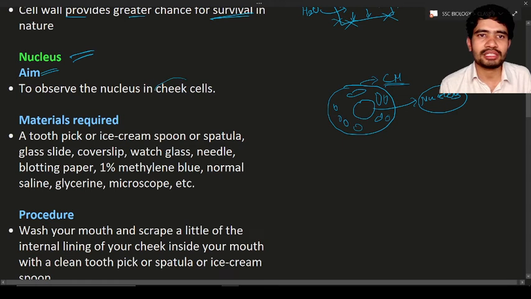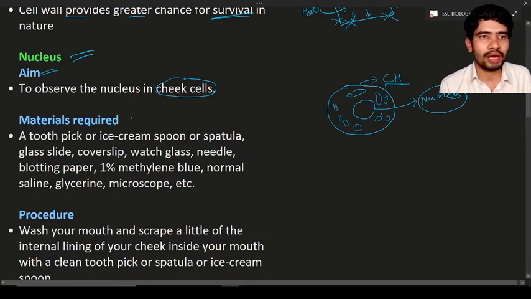What is meant by cheek cell? Inside the mouth, inside the cheek, there is a layer of cells. This layer of cells inside the cheek is known as cheek cells. We have to observe the nucleus inside the cheek cells present in our mouth.